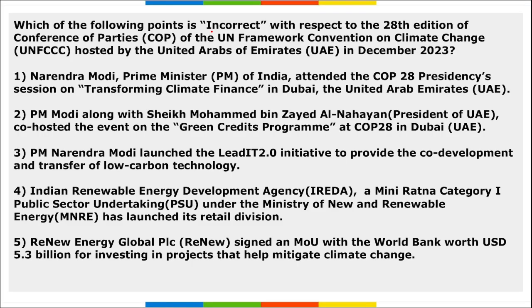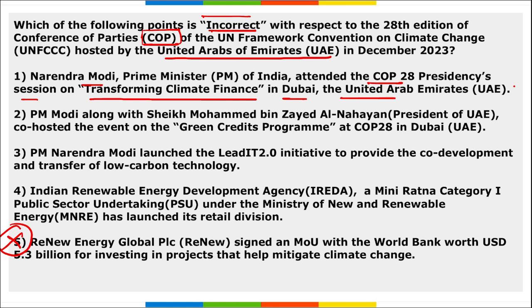Next we have to find the incorrect one with respect to COP28 that was held in Dubai, UAE. If we look at the options, all options are right except option 5, because we have to find the incorrect one. Looking at the other options, A: PM Narendra Modi attended the COP28 presidency session on transforming climate finance in Dubai, UAE. Absolutely right.